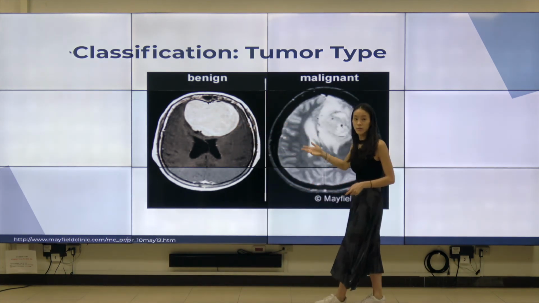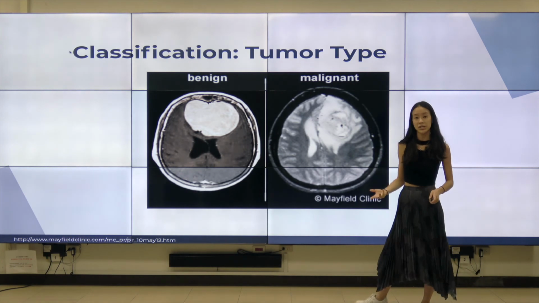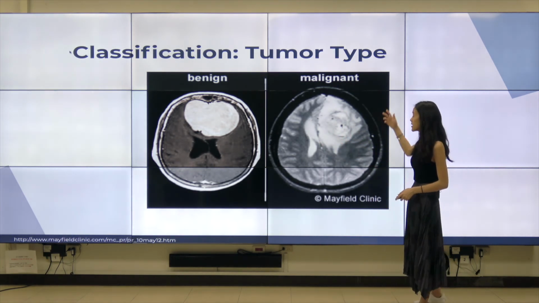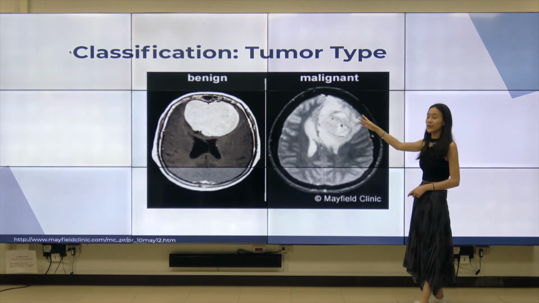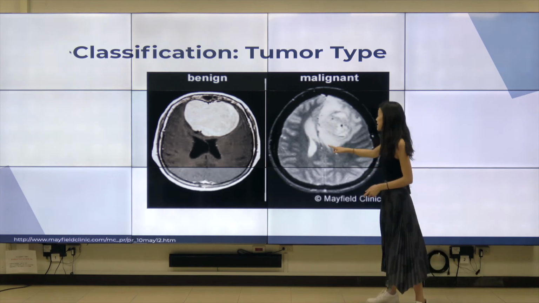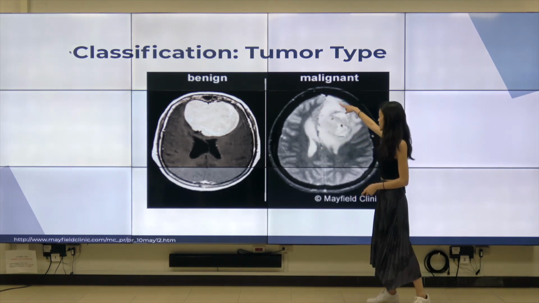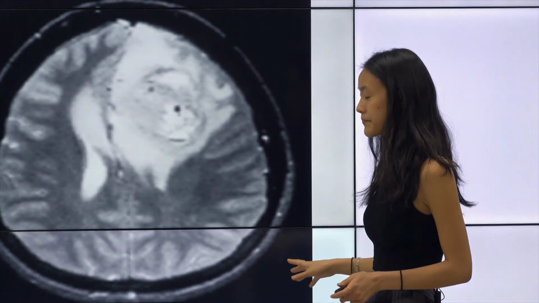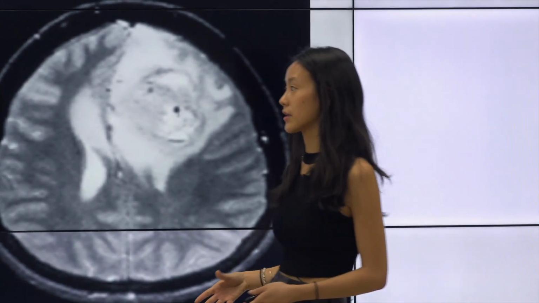It's a benign tumor. We know that we can operate on this potentially if it's not as big as obviously this one. The malignant tumor, as you can see, we said it doesn't have any distinctive boundaries at all. So this is actually the entire tumor. As you can see, it grows very abnormally. It's very hard to draw a lot of the time, but that's just how a malignant tumor is.